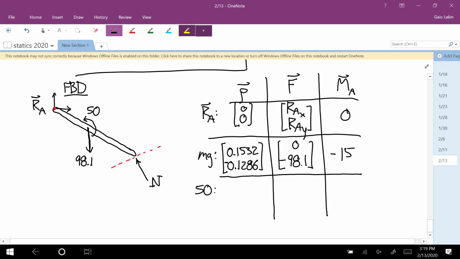Okay. And then the 50, that's a couple. So we're not going to have either of these. And then we'll have positive 50 for the couple.